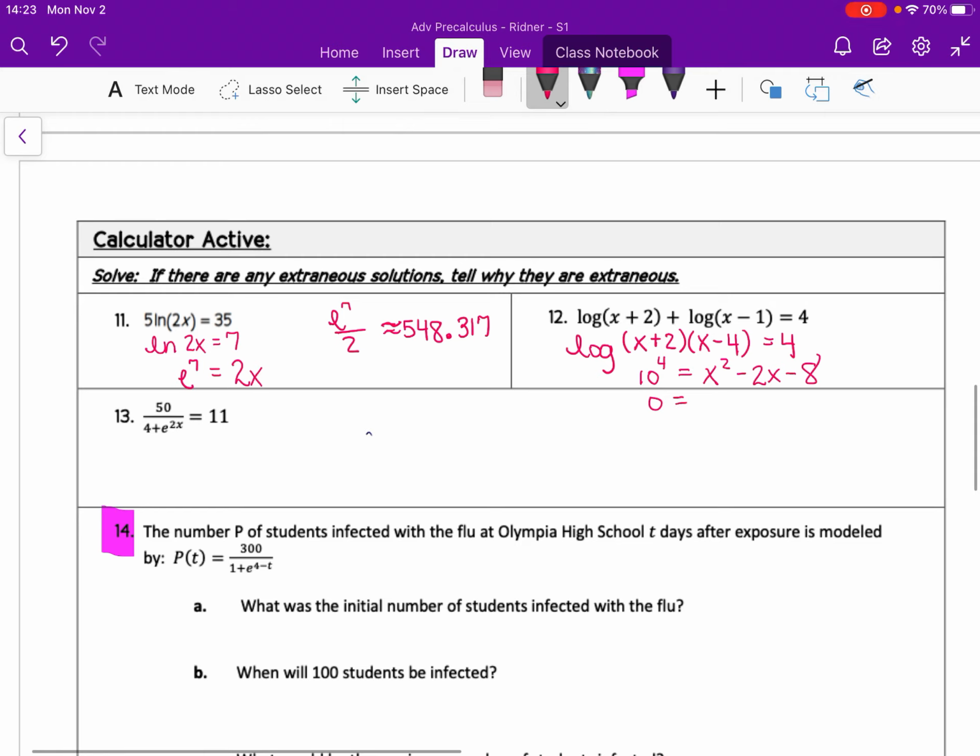That means I would get 0 equals x squared, hold on, I need to back up. I wrote this down wrong. This is a 1, which means in my next line I did this wrong. So if you're like, whoa, whoa, whoa, you're right. So that's minus x minus 2 instead.